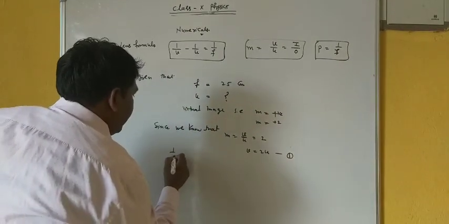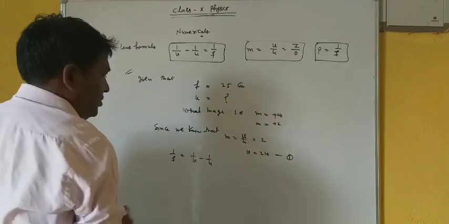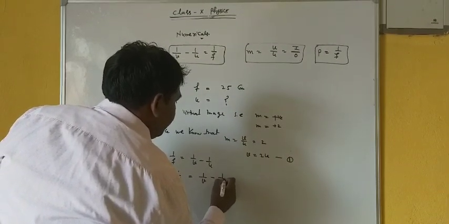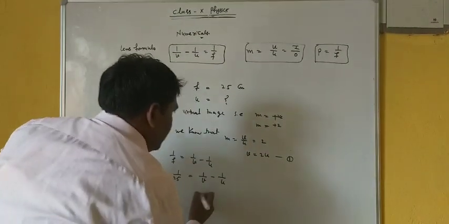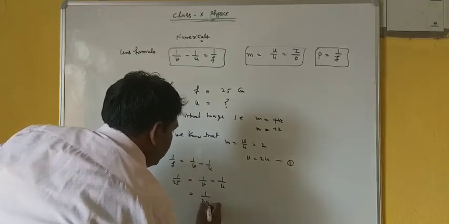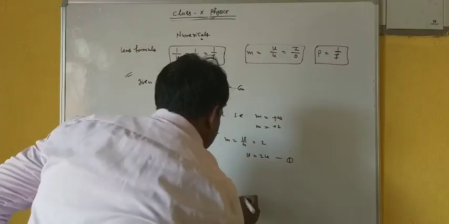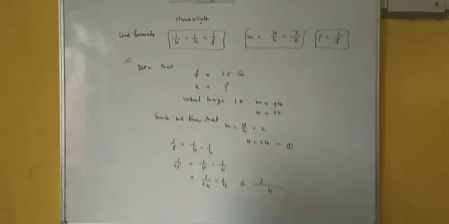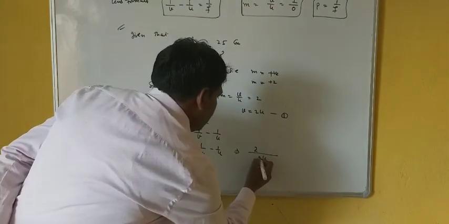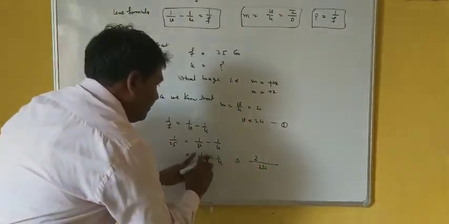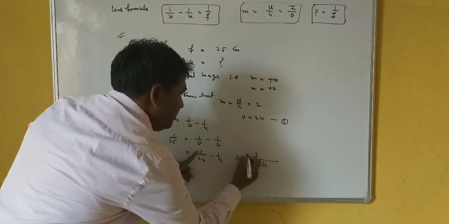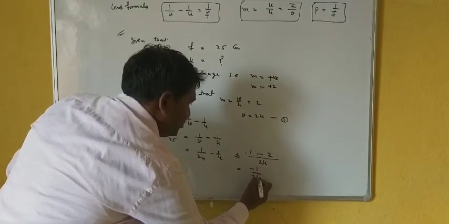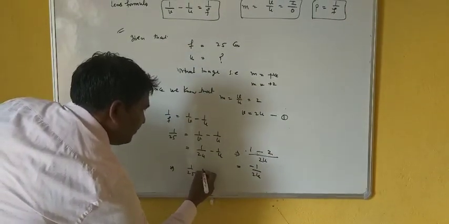Also we know that 1 by F is equal to 1 by V minus 1 by U. So 1 upon 25 is equal to 1 upon V minus 1 upon U. Here the value of V is 2U, so 1 upon 2U minus 1 upon U. The LCM is 2U, so we get 1 minus 2 over 2U, which is minus 1 upon 2U. It implies that 1 upon 25 is equal to minus 1 upon 2U.